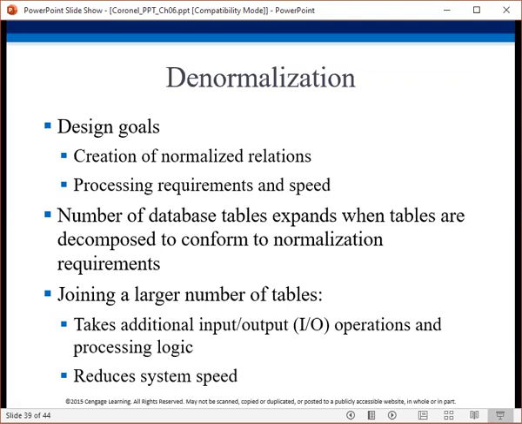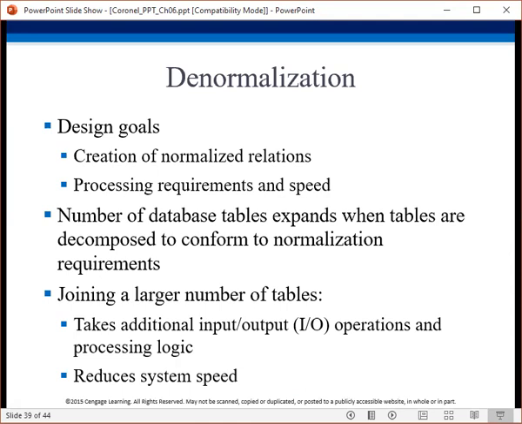That's going to reduce the system speed. So oftentimes in a corporate database, obviously in the world of computer science, they only care about purity. In the business world, we care about reality, and we have performance guidelines that we have to meet.